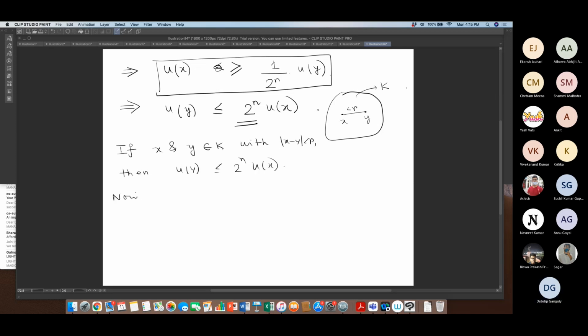Now K is contained in the union for i equal to 1 to m of B(x_i, r). You can have x1, x2, and so on, with radius r, such that B(x_i, r) intersection B(x_{i+1}, r) is not equal to empty.